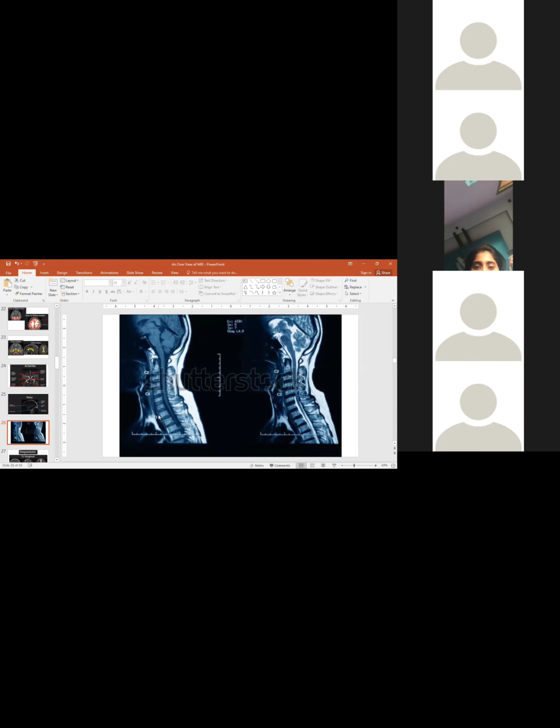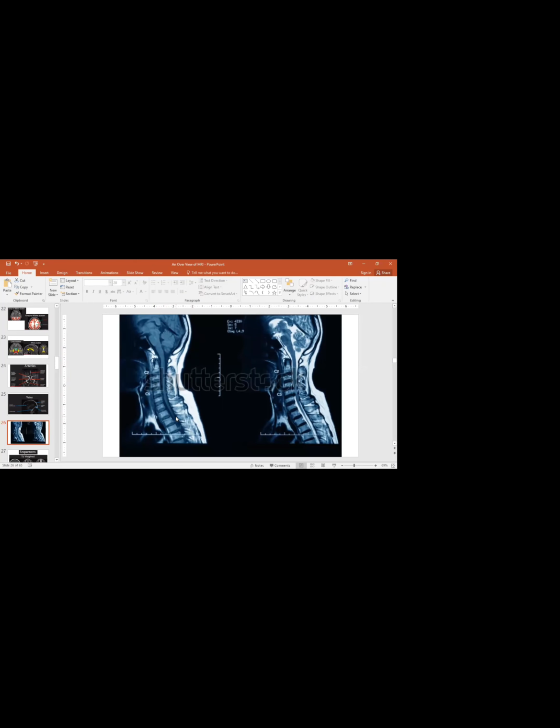Now, this is a very important slide to show that we were talking about T1 and T2 sequences. In T1, the CSF looks dark, and in T2, it looks bright, like a milky bright. In T1, the anatomical details are more evident, and in T2, the pathological details are more evident.